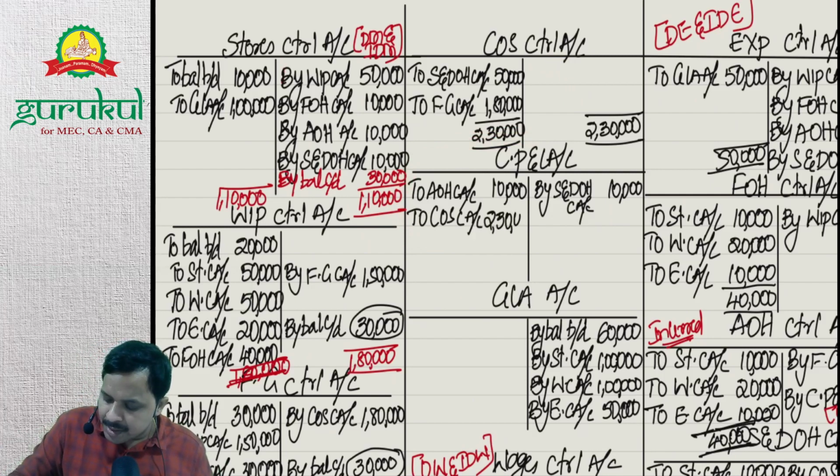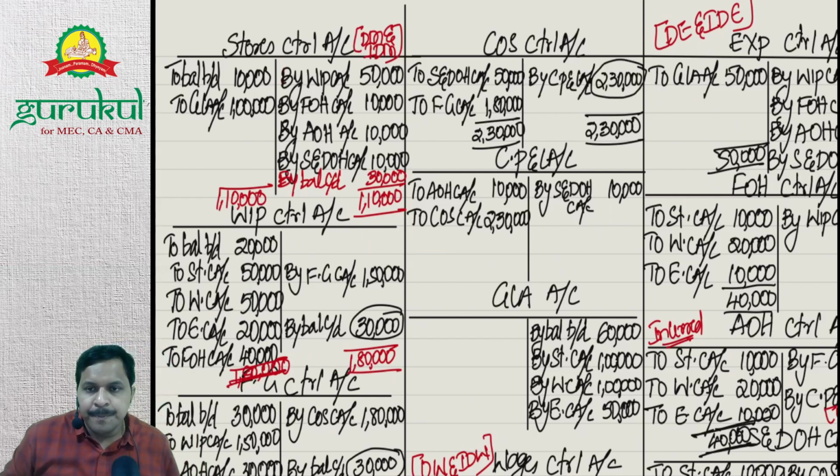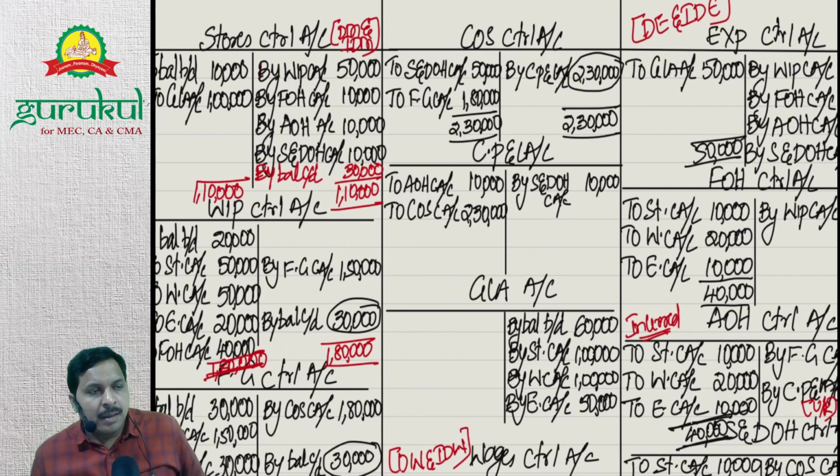In our case, it is 2,30,000. So that is the entry for cost of sales: costing P&L account to cost of sales control account.